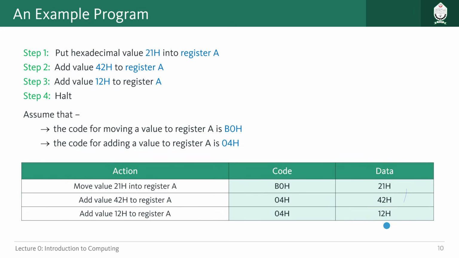So even though it's not written, for halt the code is F4H, and for halt we don't need any kind of data here, right? So for the one where we want to halt the whole program, the code should be F4H, and here nothing is needed, right? So this is the overall code we have.